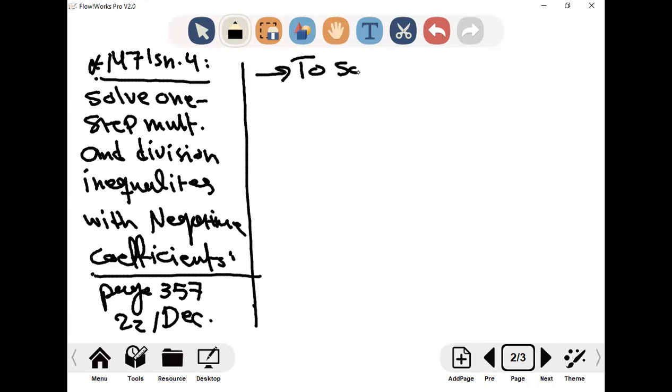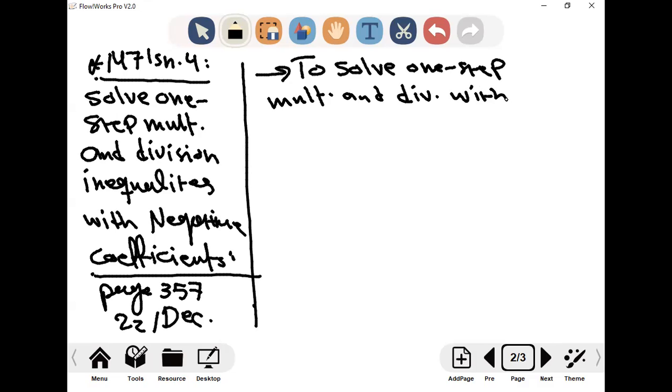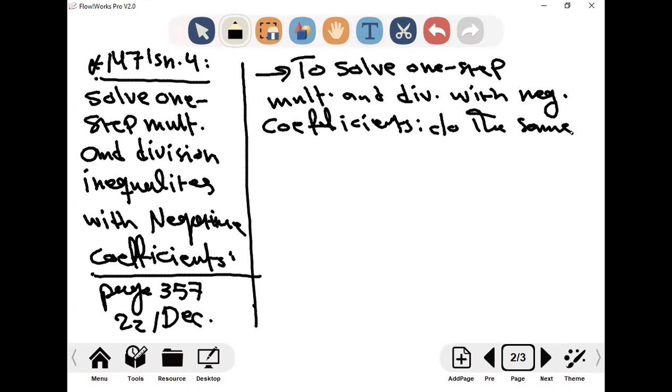So here, to solve one-step multiplication and division inequalities with negative coefficients, do the same steps, same graph, same closed circle, everything is the same, but we have one small difference, which is very important.